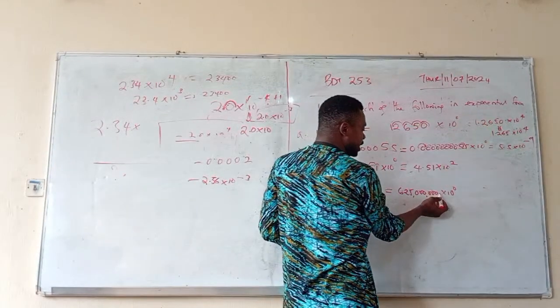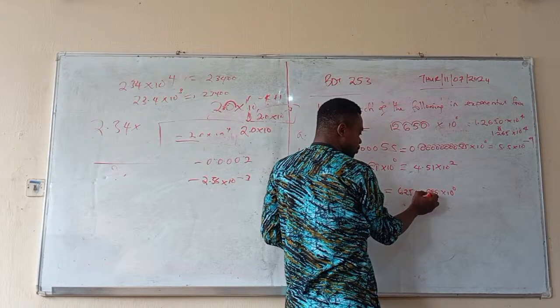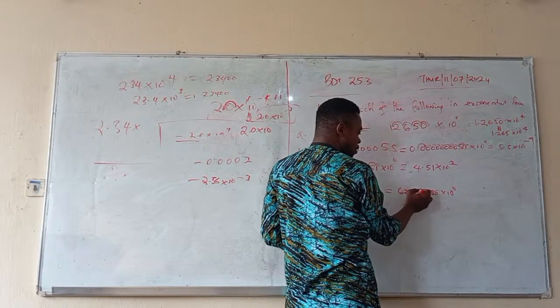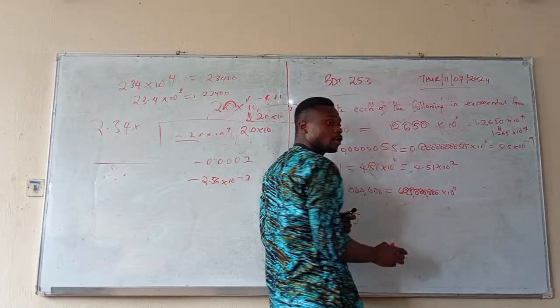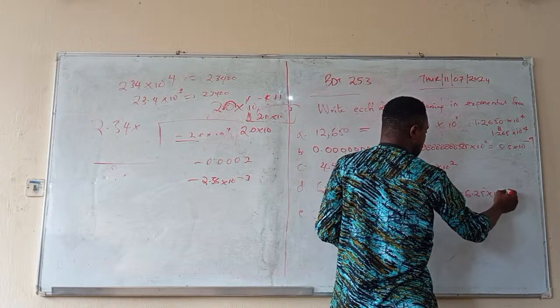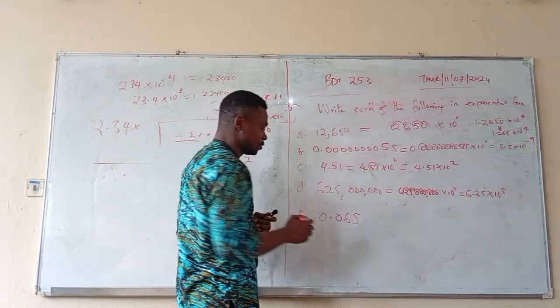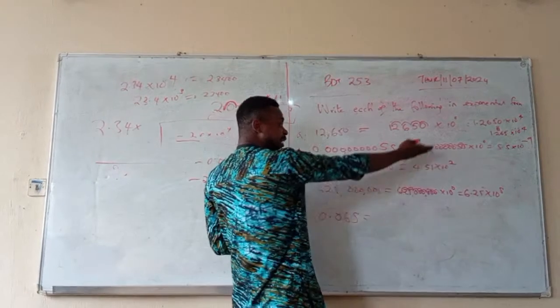So plus 1, plus 2, plus 3, plus 4, plus 5, plus 6, plus 7, plus 8, and stop. It becomes 6.25 times 10 to the power 8. Here again, we can express it in this form.